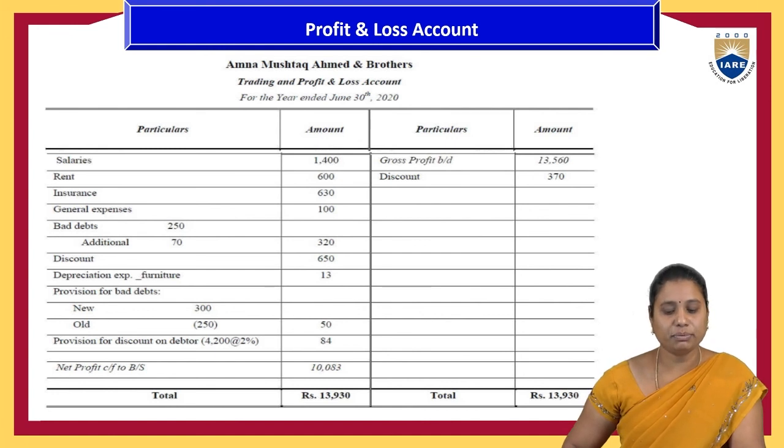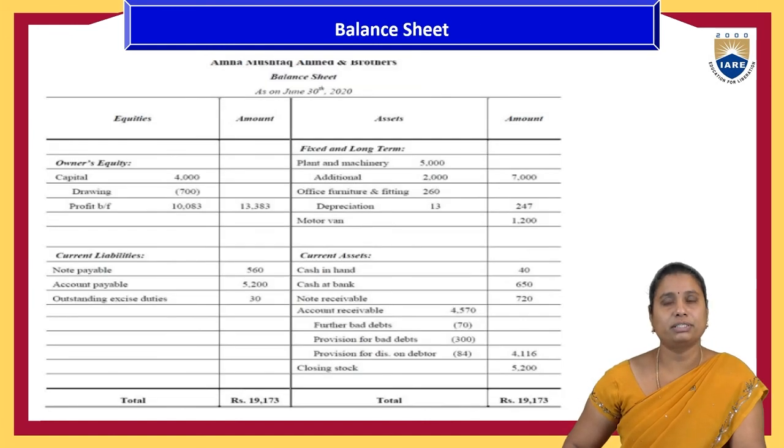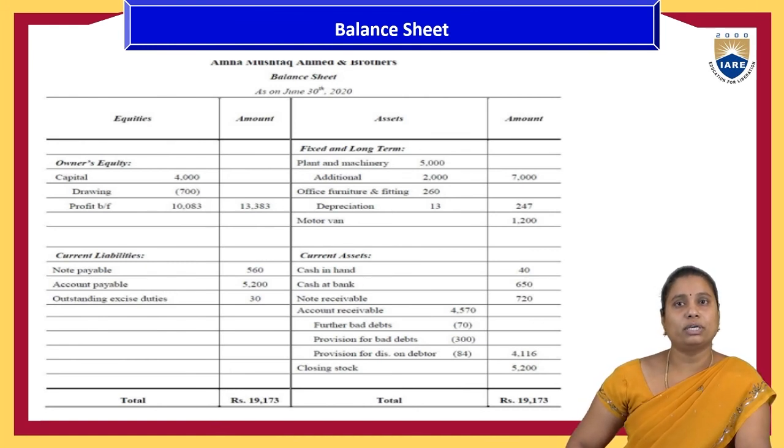And finally a net profit of 10,083 rupees we have received, and we have prepared the balance sheet: the capital of 4,000 with the drawings less 7,000, profit of 10,083, 13,383, and note payables 560, account payables 5,200, and outstanding excise duty of 30. That is the total accumulation of the liabilities.